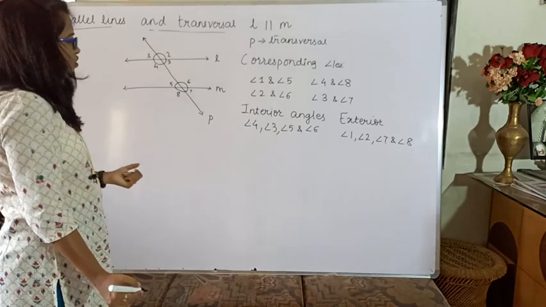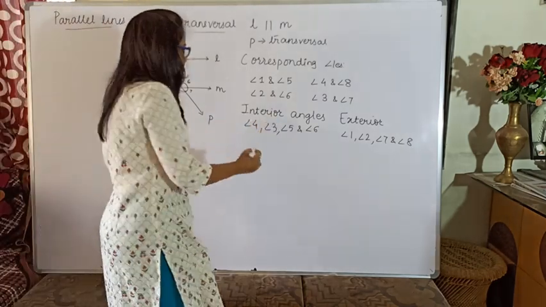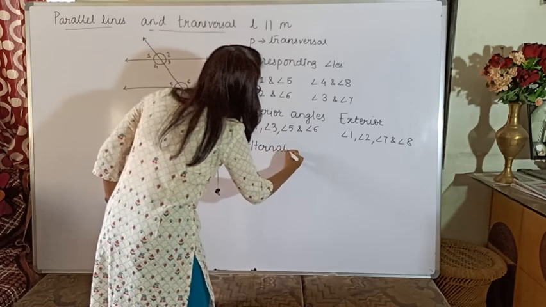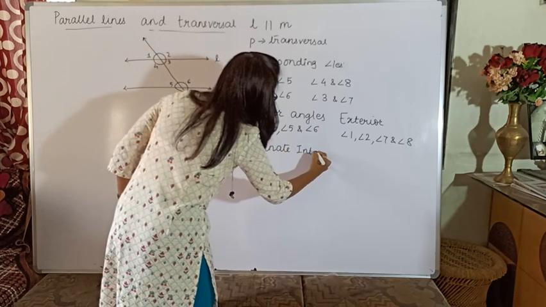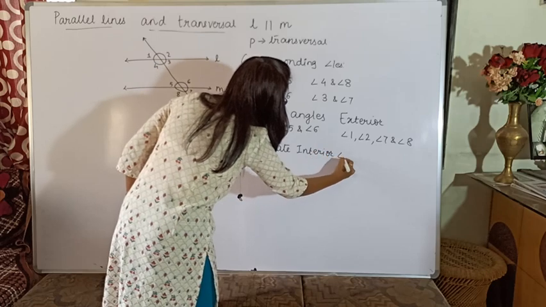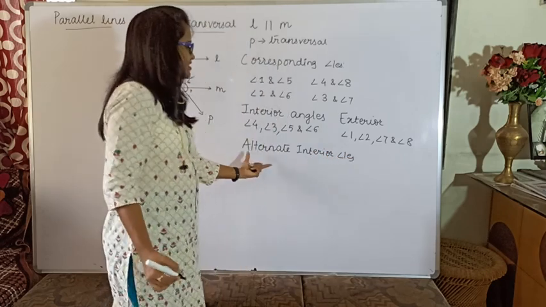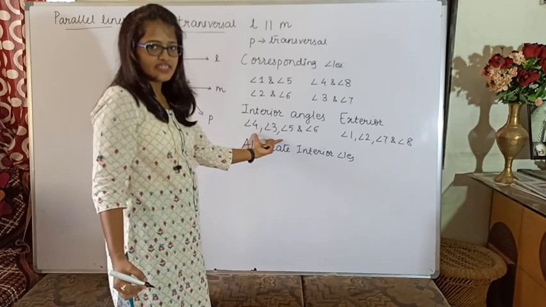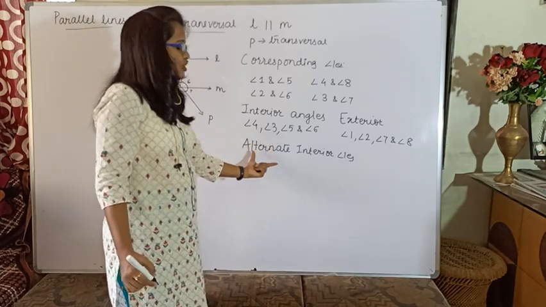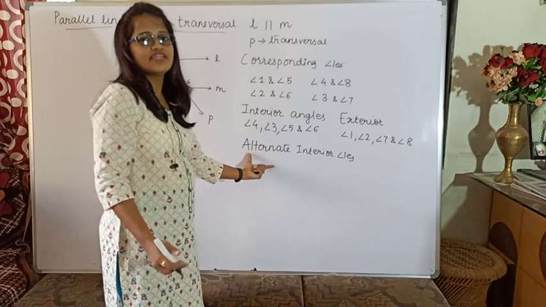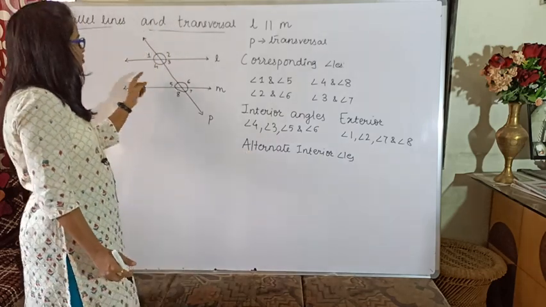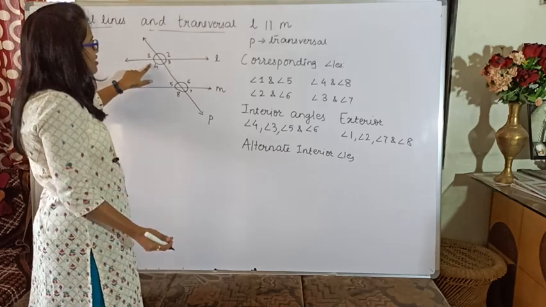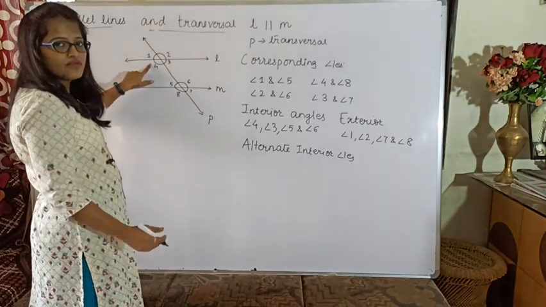Further, depending upon interior angles, the angles are named as alternate interior angles. Now you have to just go by the name of the angles. They are saying interior angles, so I already have the four angles which are present on the interior side. But among them you have to consider only the alternate interior angles. Alternate means if in one case you are taking an angle on the left side, the pair for it will be the angle present on the right side.